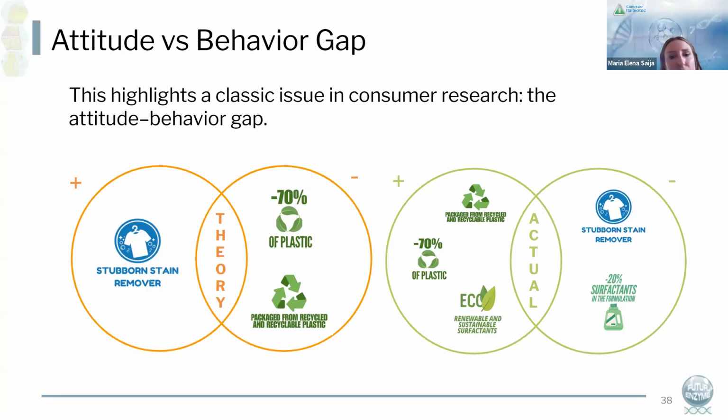Another important aspect to take into consideration related to this result is that the lower willingness to pay for efficacy compared to sustainability might also come from what we call a baseline assumption bias, which refers to the fact that a consumer expects a certain level of effectiveness in all products, and for this reason they are less inclined to pay a premium for it.